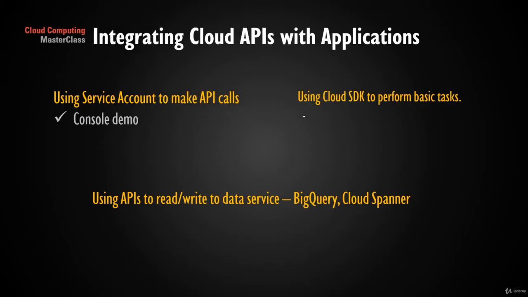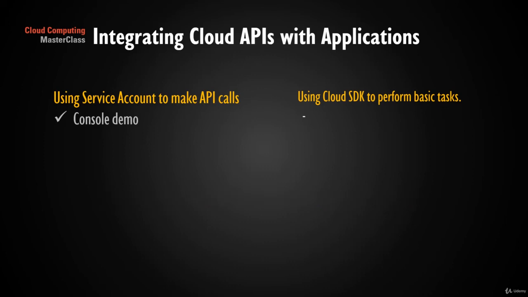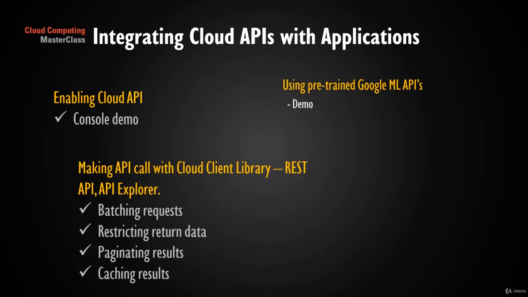So that's it, guys, on integration with cloud APIs. I'm going to add the demo maybe in June or July. That will give you the detailed understanding about batching the request, and how you can paginate the results once the data is pulled out, one by one.